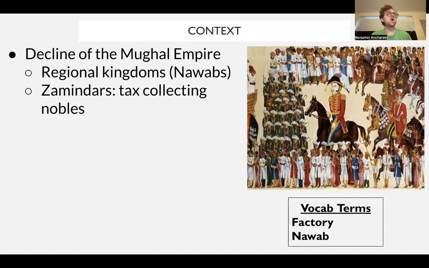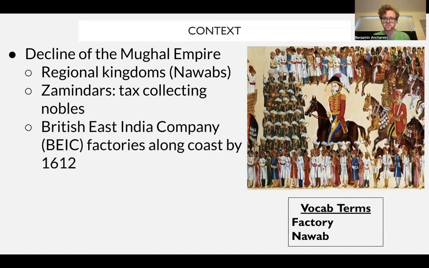But finally, another hallmark of the decline of the Mughal Empire is a transition of economic control away from India itself towards European trading empires.